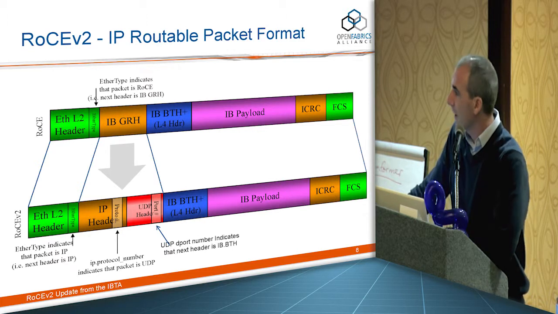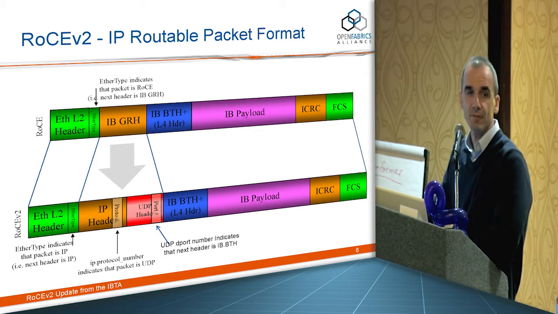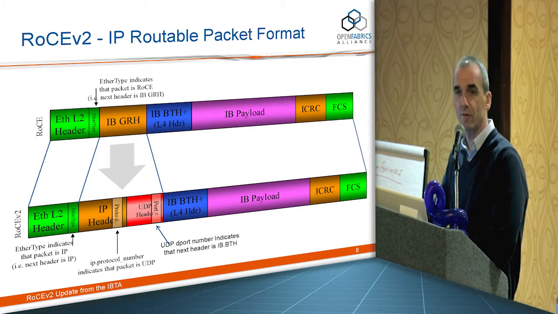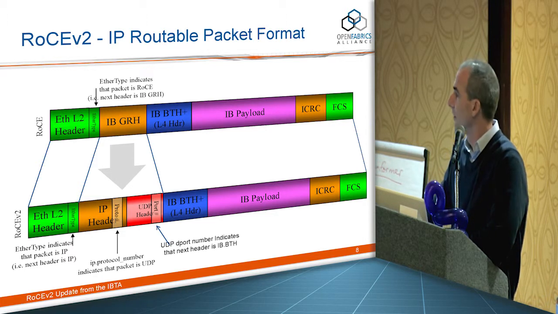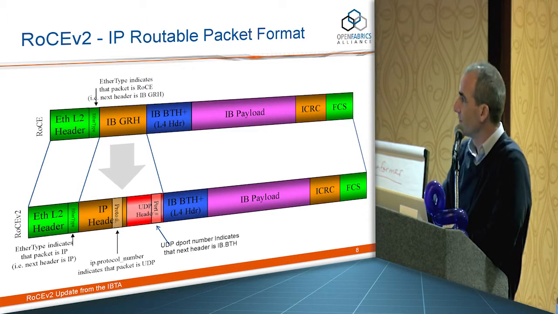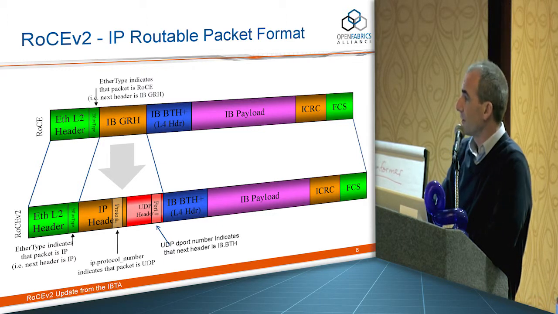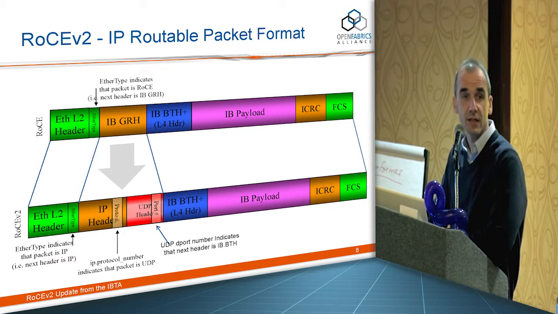So as I just described, what we're doing is replacing the InfiniBand GRH with an IP header followed by a UDP header. Whereas previously a RoCE packet was univocally identified through the ether type value in the Ethernet layer 2 header, now the ether type value in the layer 2 header indicates that the packet is just an IP packet.